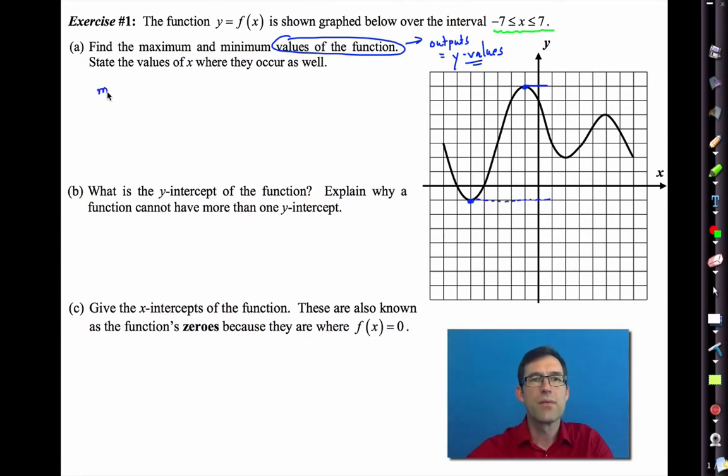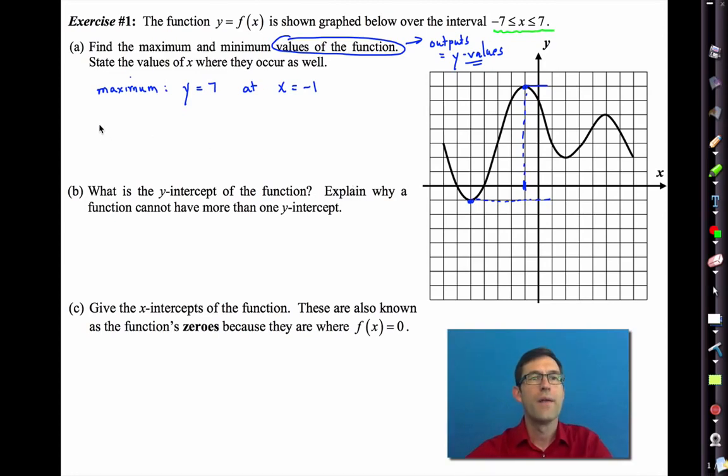So I guess we'll start with the maximum because that's the way the problem was worded. The maximum y value is y equals 1, 2, 3, 4, 5, 6, 7 at x equals -1.